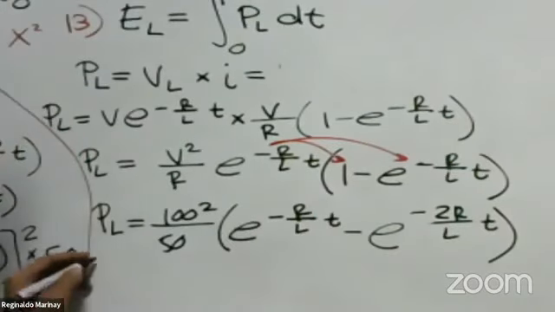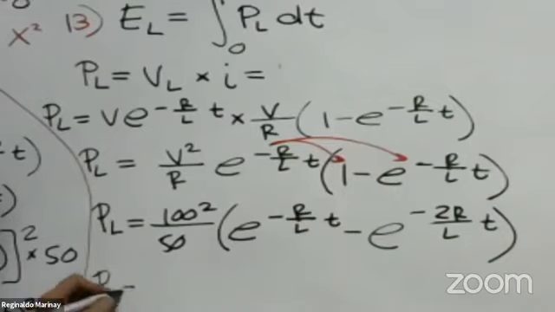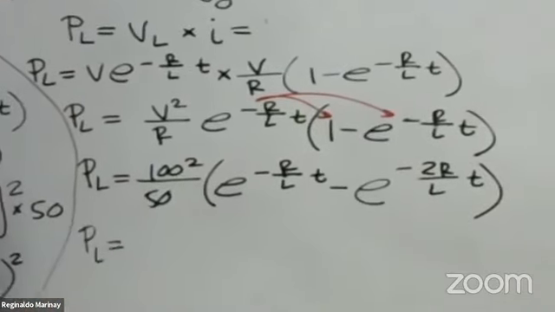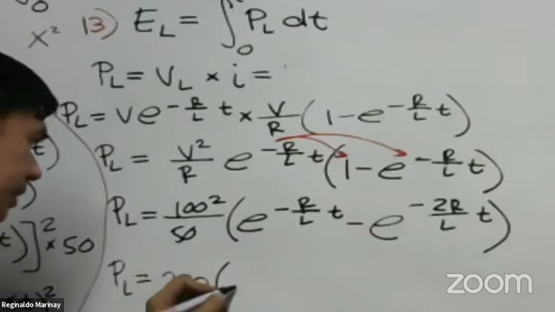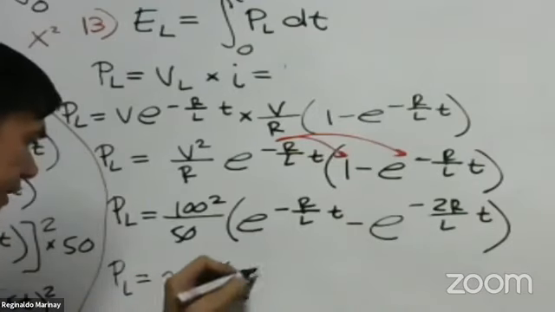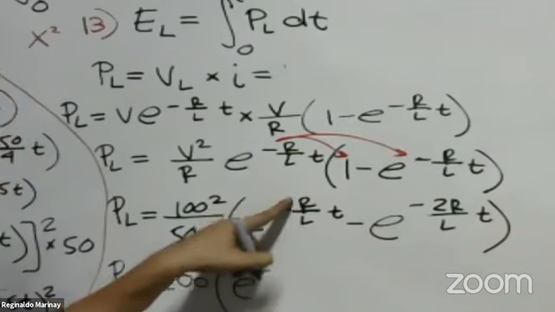Let us substitute the values. By the way, what is 100 squared over 50? The answer is 200. This is E raised to negative, what is our R? 50.